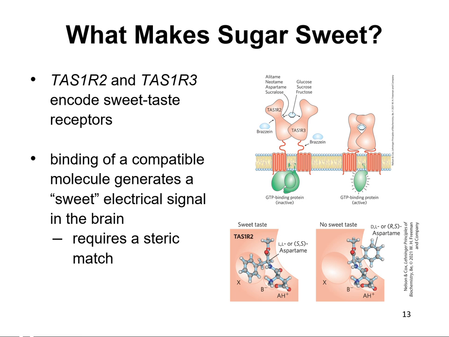So at the top of this figure, we've got some kind of a sugar, glucose, sucrose, fructose. You can also have all those sugar substitutes. So sucralose, which is Splenda, aspartame, all these other things. They bind and cause these 2 different receptors, the R2 and R3, to dimerize. There are interactions between the receptor and the sugar that brings them closer together so that they touch.